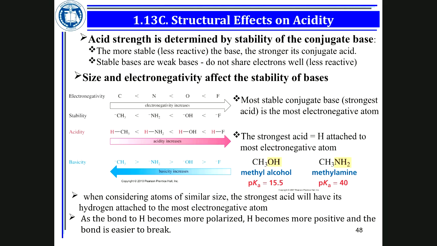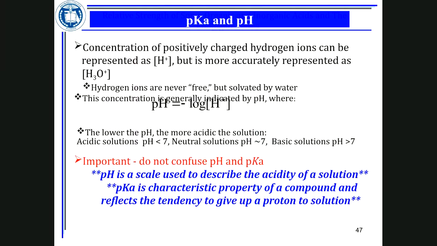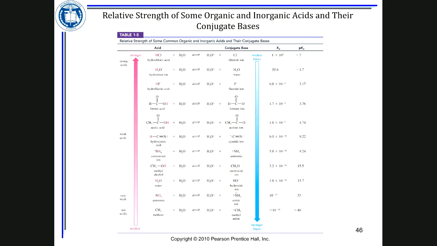Okay, I'm going to write here. So if you have CH3OH losing hydrogen, it's going to change to CH3O minus. Three pairs of unshared electrons. Can CH3O minus form resonance?